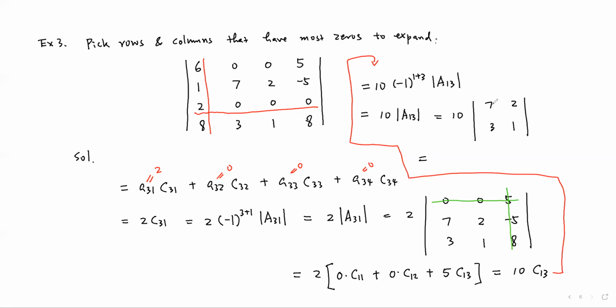Now for a 2 by 2 determinant, we have a formula. 7 times 1 minus 3 times 2. Then with a calculator, the number is 10. Done. Because the determinant 10 is non-zero, this 4 by 4 matrix is invertible. It has an inverse.